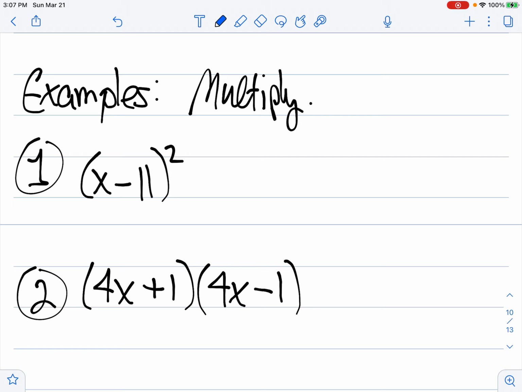Now, when you have a quantity squared, like in problem number 1, you have to remember that this is x minus 11 times x minus 11, okay? A lot of students will just try to get away with saying that this is just x squared, either plus 121 or minus 121.